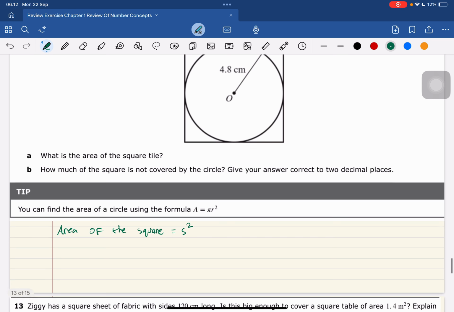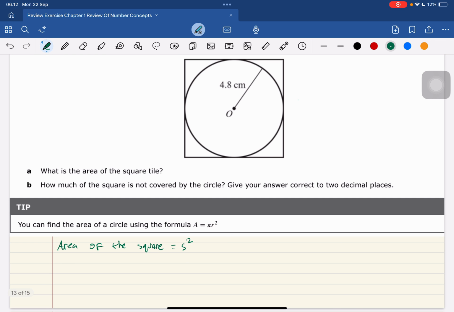So the side is, okay, side equal to 2 times radius. The radius is 4.8. So let's find the side first. So 2 multiplied by 4.8 will give us the answer of 9.6.